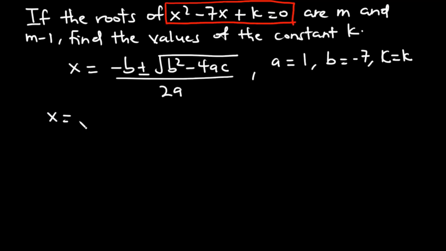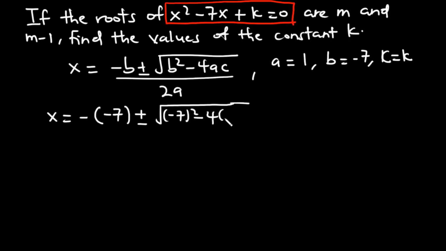So x is equal to negative b. Now b is negative 7. So we have negative 7 plus or minus the square root of negative 7 squared minus 4a, and a is 1, and then c is k, divided by 2 into brackets 1.